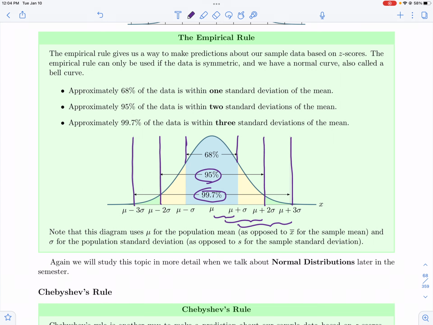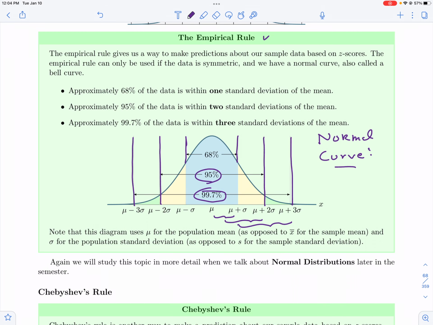That's why I mentioned above there's no reason to go out four, five, or six standard deviations, because of this nice empirical rule, we know all of our data should live somewhere between three standard deviations above and below our mean. This rule is only true if we've got a nice normal curve, the bell-shaped curve. Again, I'm getting ahead of ourselves. We're going to talk about this later, so don't get too bogged down in it at the moment.